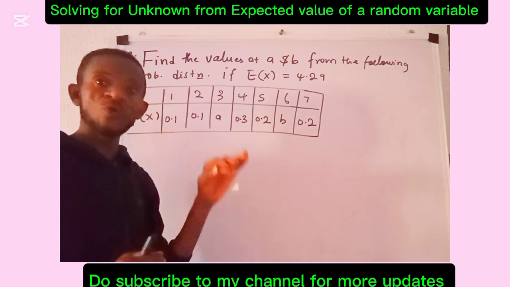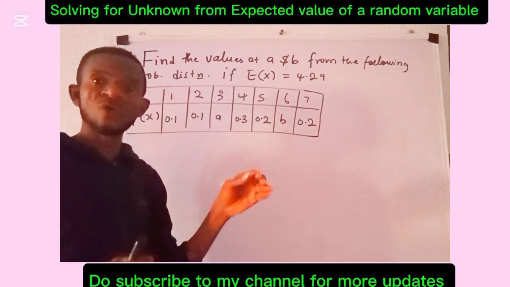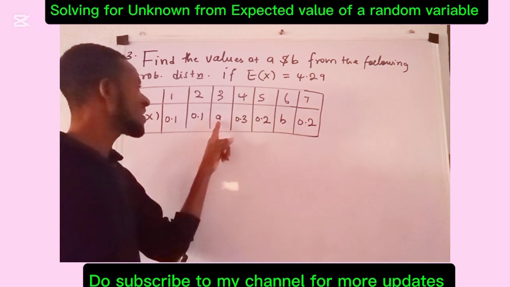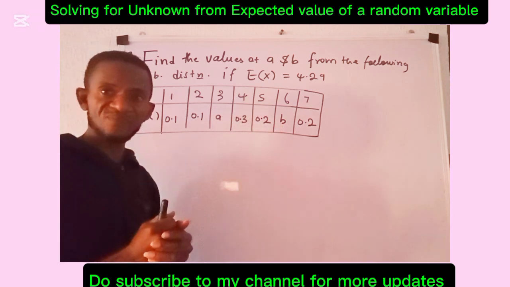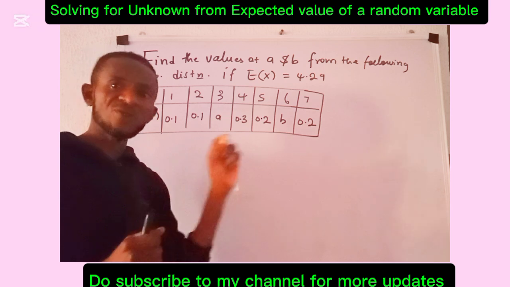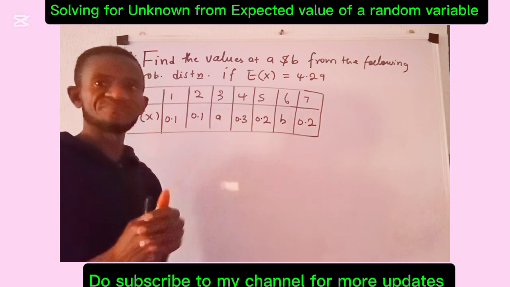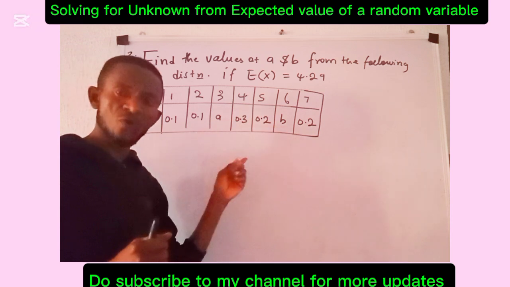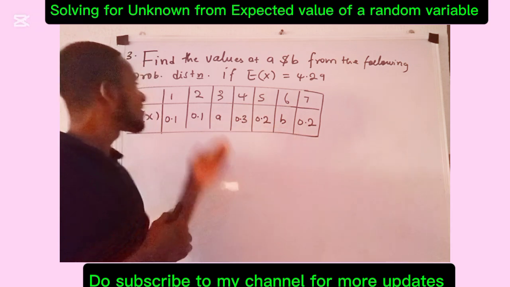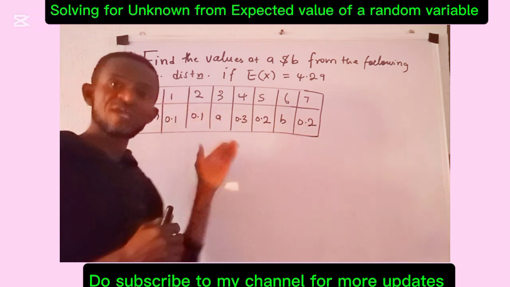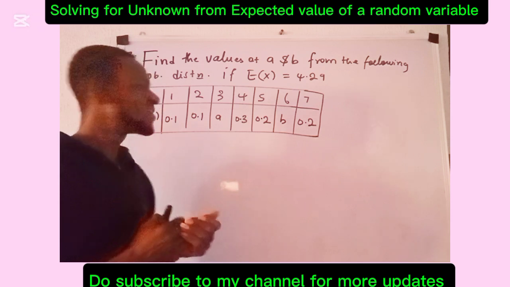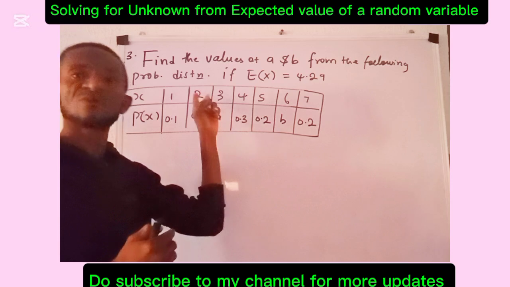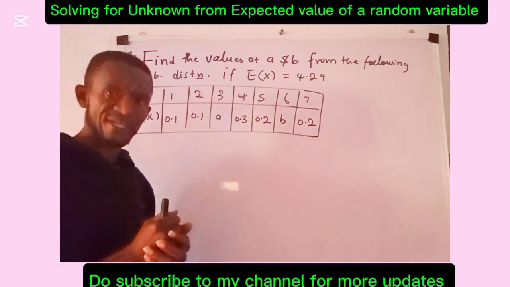We are going to look for 2 equations that can be solved simultaneously that involve this A and this B. And another question we're going to ask ourselves is, this A and B, in which row of the table do they appear? They appear in the rows of the probabilities of the random variable x.